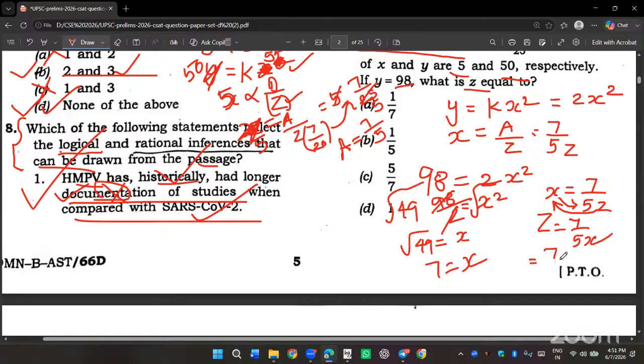We know the value of x. Don't multiply this. Immediately cut this. So 1 by 5. Z will be 1 by 5. That's all. So answer is B. B for Bengaluru.